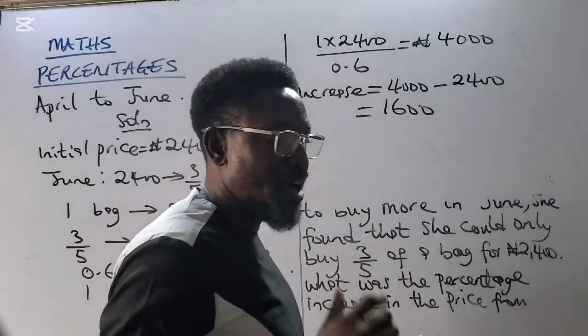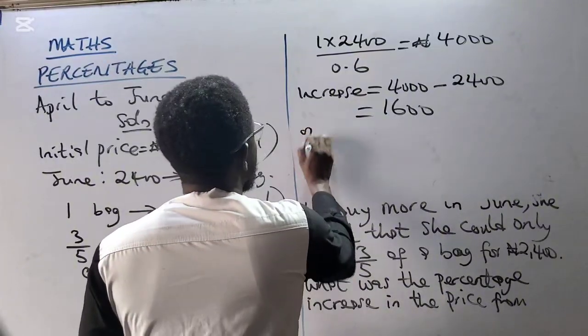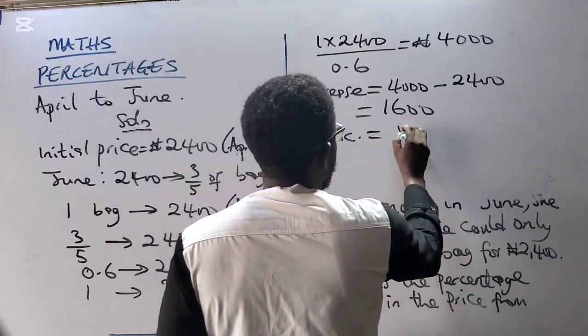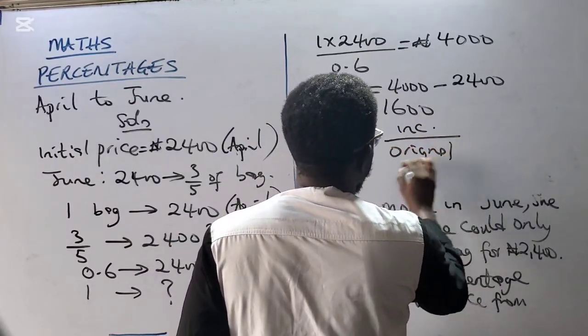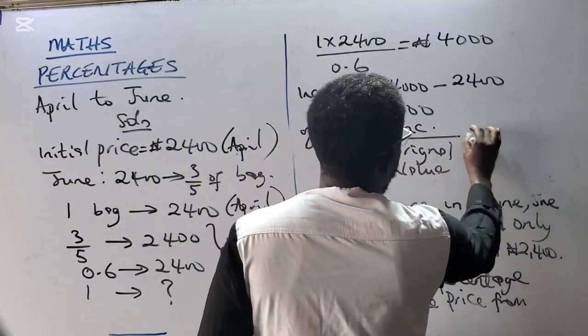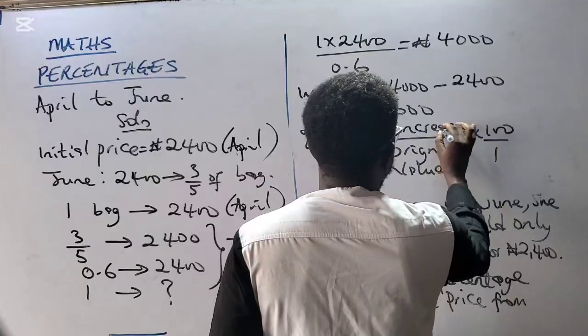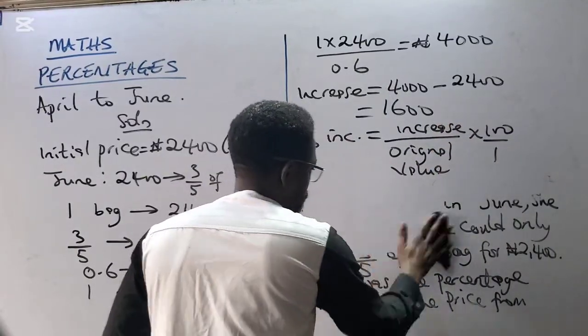So now that I've calculated the increase, I can now calculate the percentage increase. Percentage increase will be increase over original value times 100 over 1.